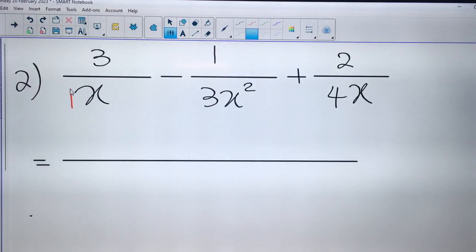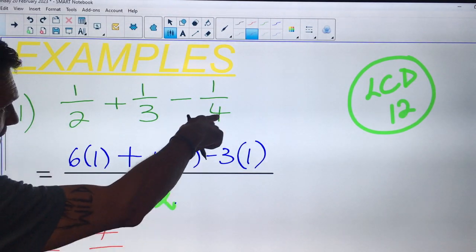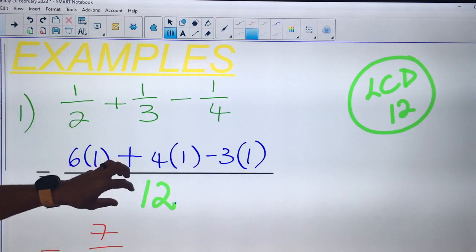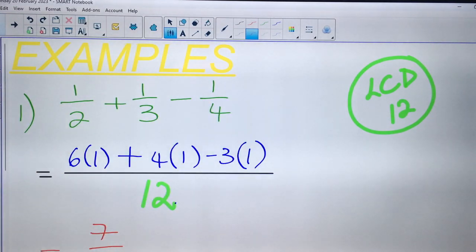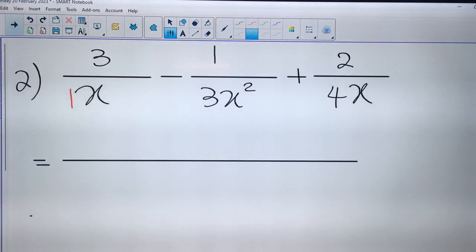No. Same as what we've done here. How did I get the lowest common denominator there of 12? We worked out which number is the number that all of these 3 can divide into, so that we can get a number to change them all to become 12. So what will be the number here between 1, 3, and 4?